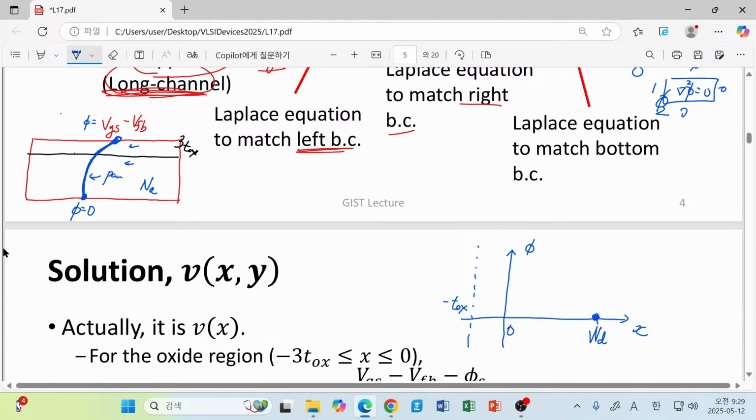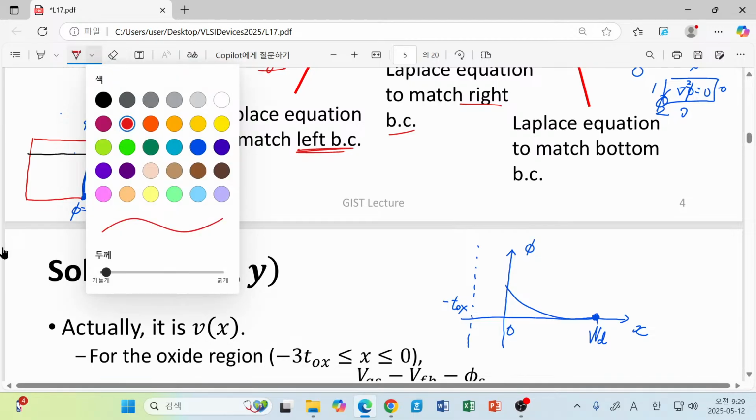Well, in the usual case, we have a parabolic behavior, and this parabolic behavior is corresponding to the depletion layer, and eventually we will have a certain electric field.